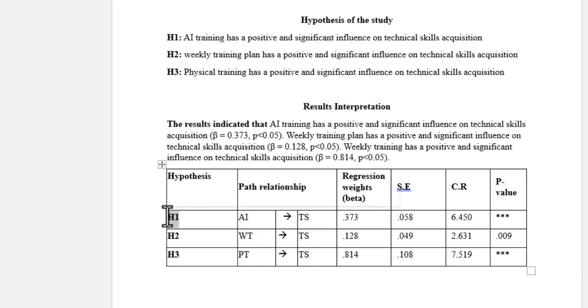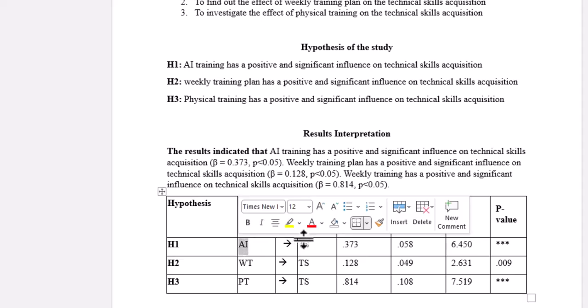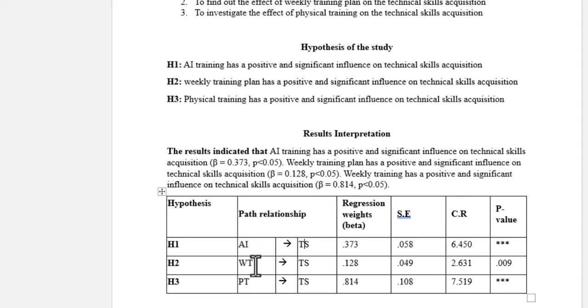This was our hypothesis 1: AI has a positive and significant effect on technical skills acquisition. Hypothesis 2 is the effect of the weekly training plan on technical skills acquisition, and the third hypothesis was the effect of PT, physical training, on TS, technical skills acquisition.